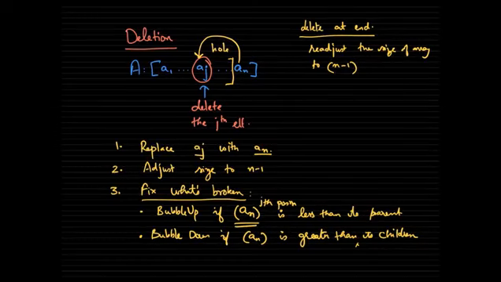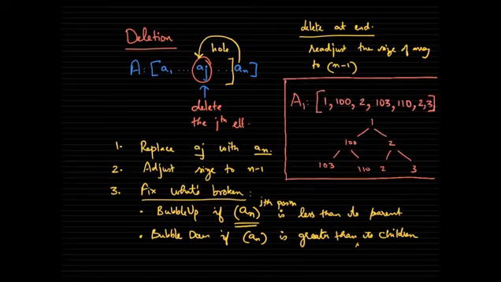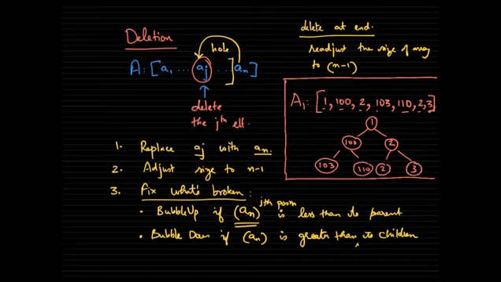Let me give you examples of each case, right? So let's take an example. Okay, so here's an example. I have a heap 1, 100, 2, 103, 110, 213, and I have put this as a tree so that you could visualize it. All right, and let us say my goal here is to delete the element 103.